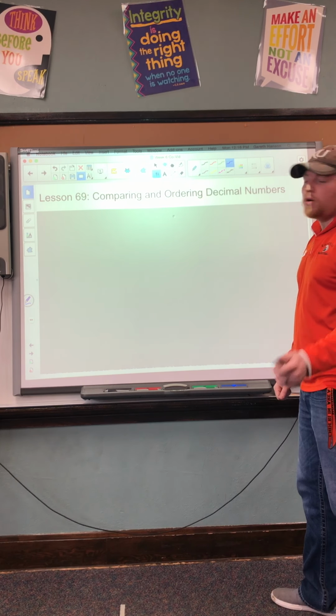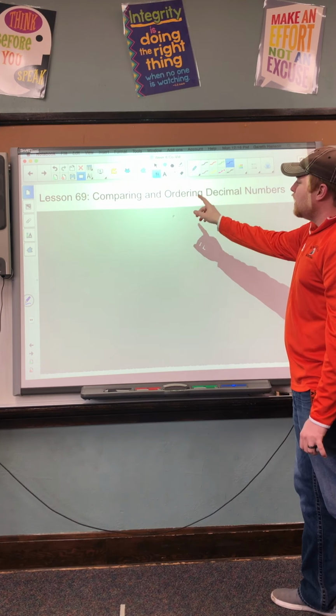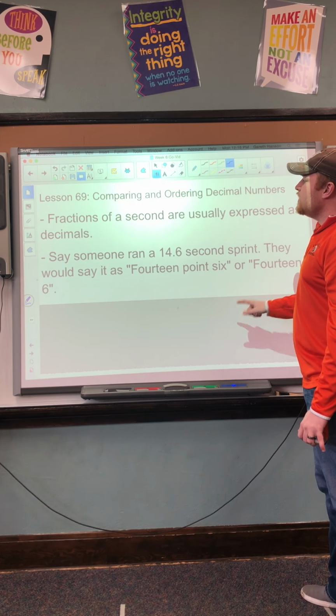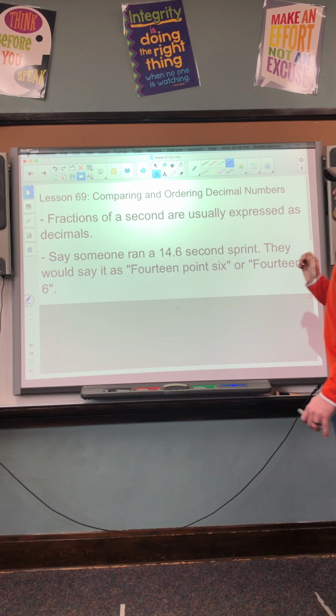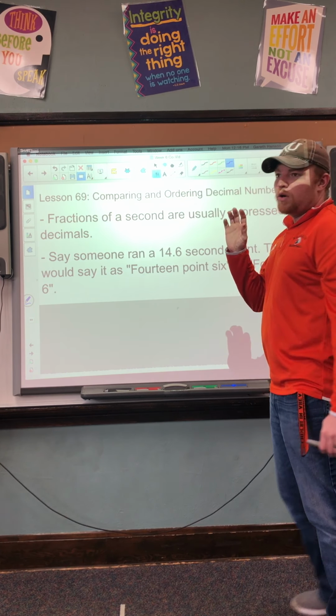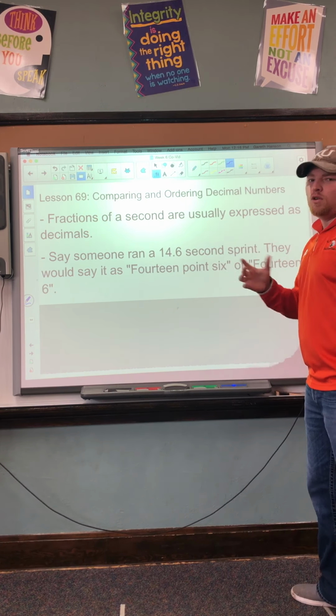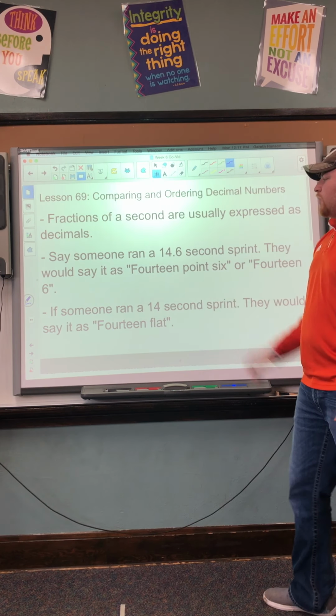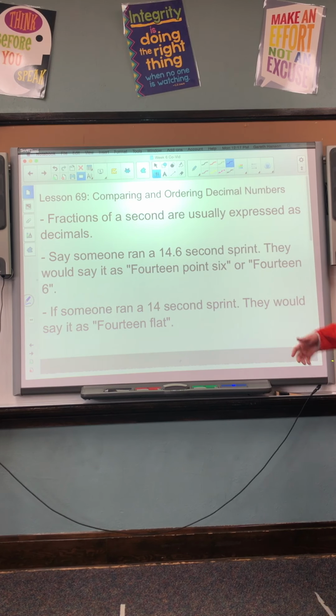Today's lesson is pretty short, and it is covering comparing and ordering decimal numbers, okay? Fractions of a second are usually expressed as decimals. Here's a little fun fact. Say someone ran a 14 6/10 second sprint.